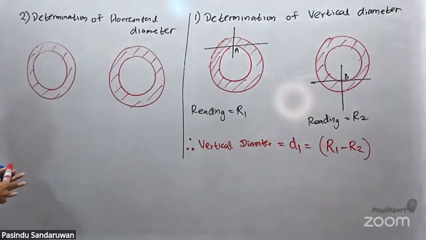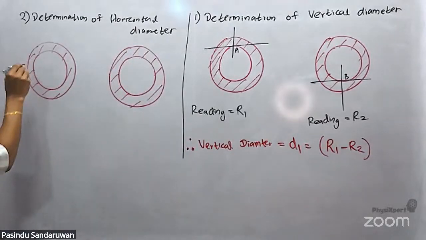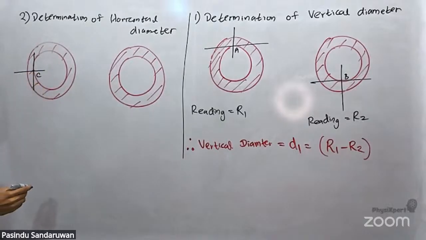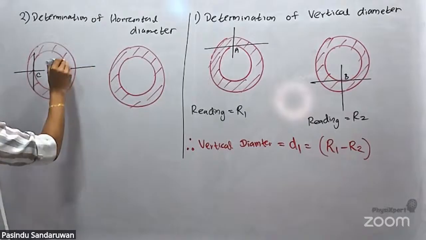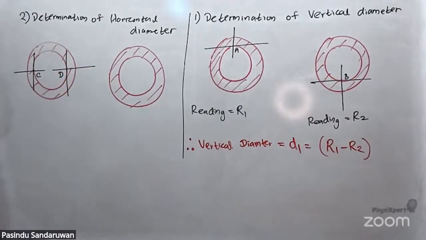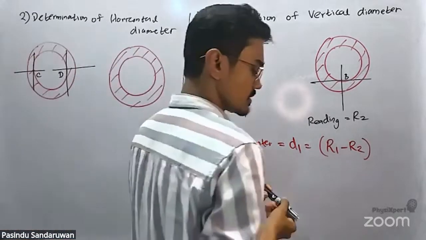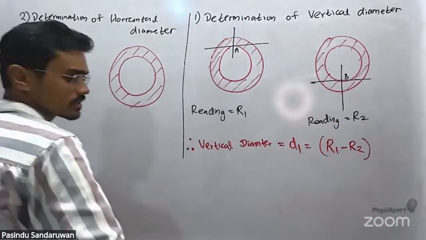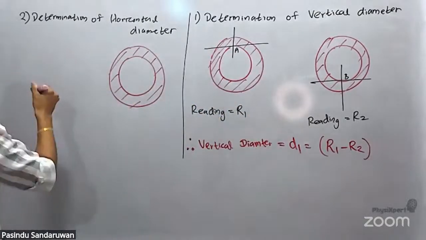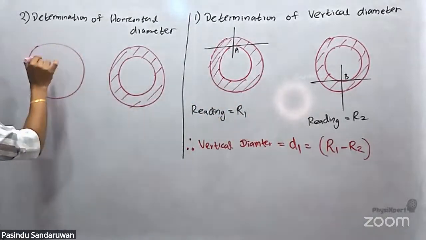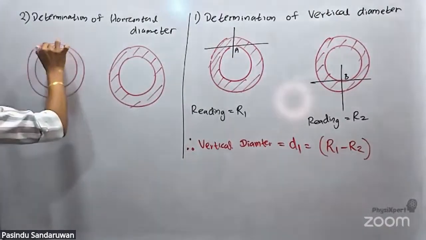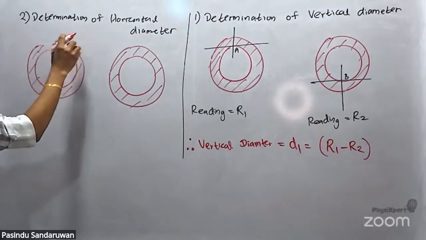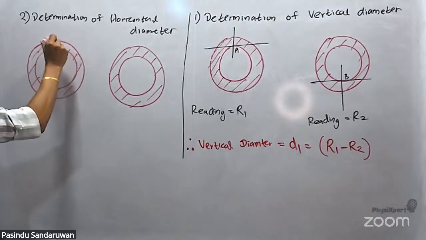To determine the horizontal diameter, first we focus the crosswires to position C, like this.